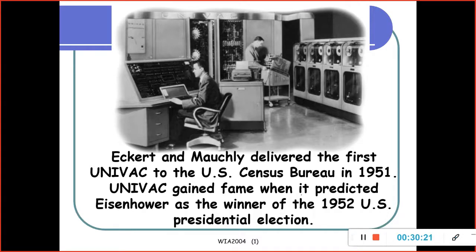Eckert and Mauchly delivered the first UNIVAC to the US Census Bureau in 1951. UNIVAC gained fame when it predicted Eisenhower as the winner of the 1952 US presidential election.